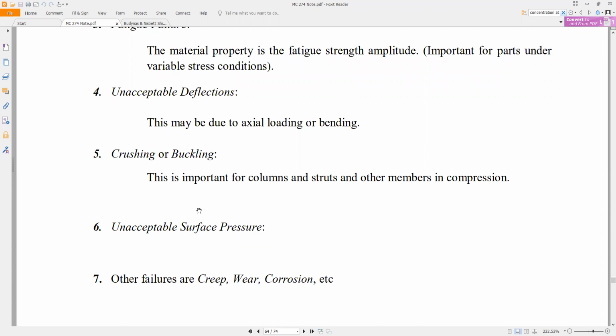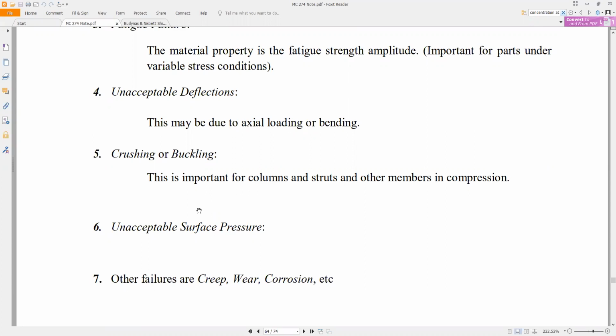Okay, for instance, if we take the connecting rod in an automobile or in an engine, the connecting rod which connects the crankshaft to the piston is straight, and we want to ensure that it is straight throughout the operation of the engine. And a situation where this connecting rod may break or it may deflect, right, where we have some bending occurring in the member, it may cause the engine to malfunction.